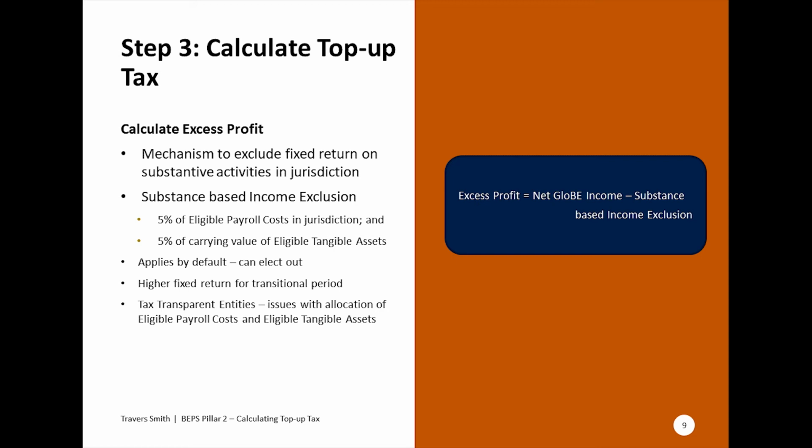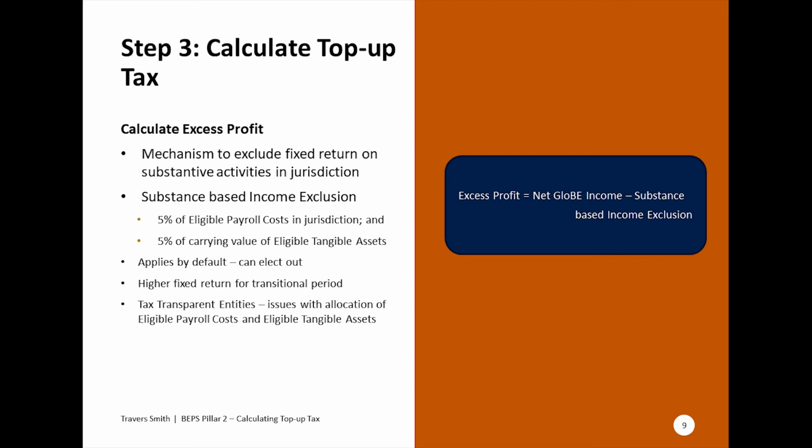The substance-based income exclusion is made up of 5% of eligible payroll costs in a jurisdiction. Added to that is 5% of the carrying value of eligible tangible assets. So this applies by default, but you can elect out. Why would you want to elect out? It's because the cost of applying it and calculating it might outweigh the benefits in some situations.